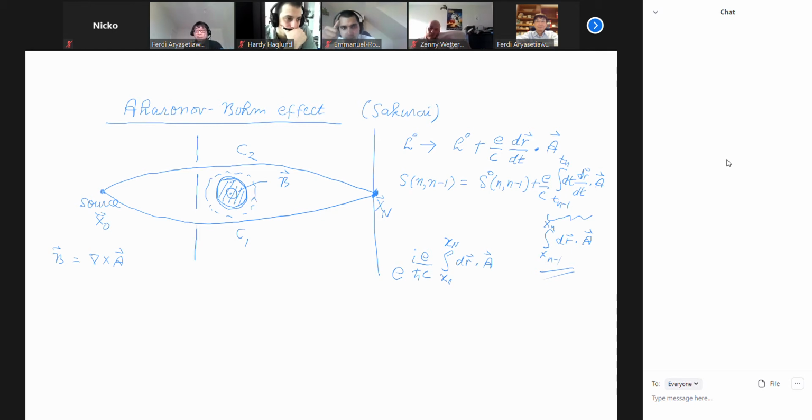So the vector field is not zero outside this region, although the magnetic field is zero.